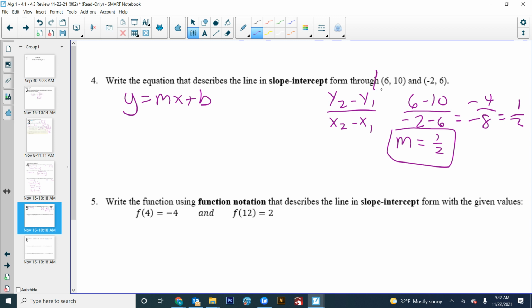All right, Braden, go ahead. Plug it in. Now, you see how this is just like the one before? Now I plug it into point slope. Go ahead, Braden. Y minus 10 equals 1/2, then x minus 6.